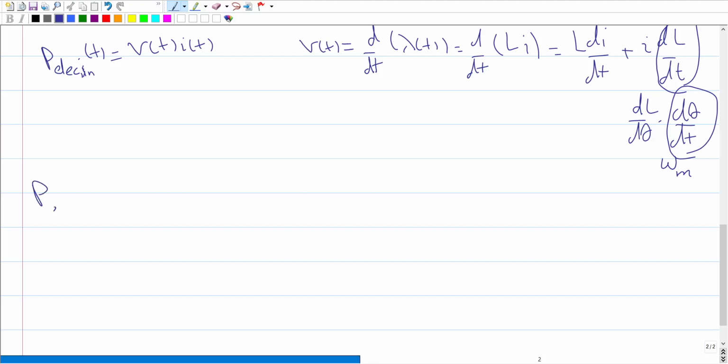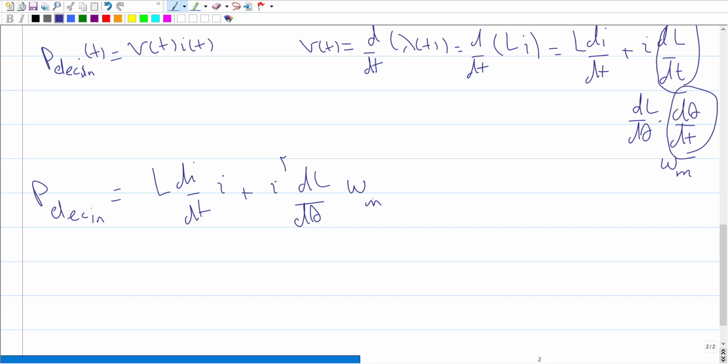Let's write P electric input is L di/dt times i plus i² dL/dθ times omega_m.